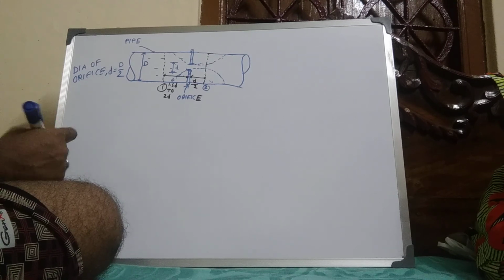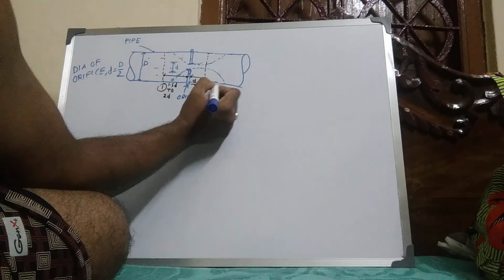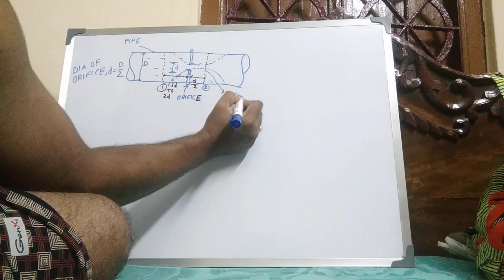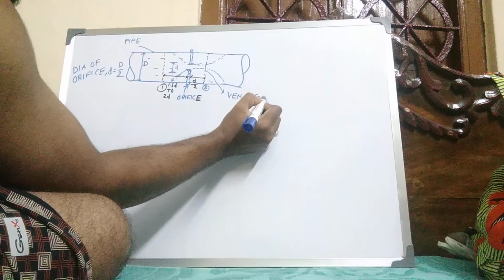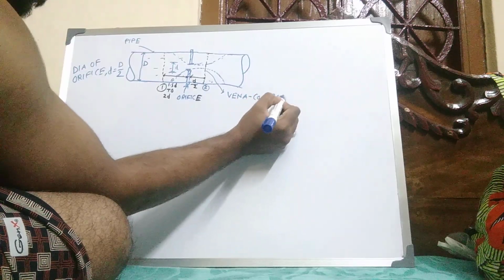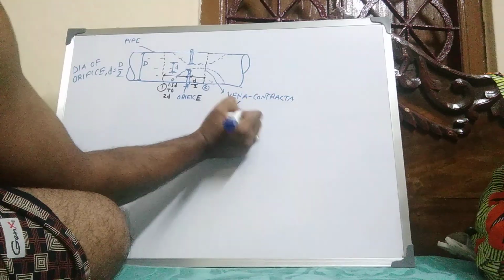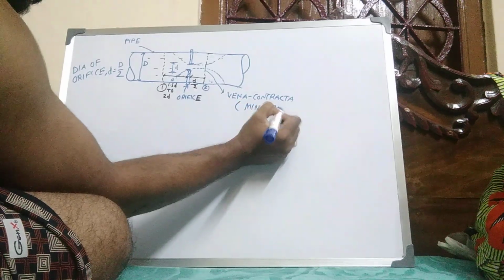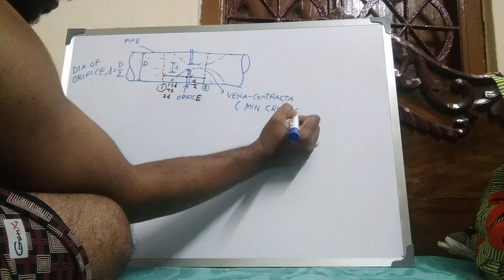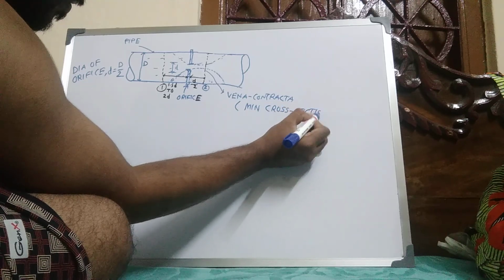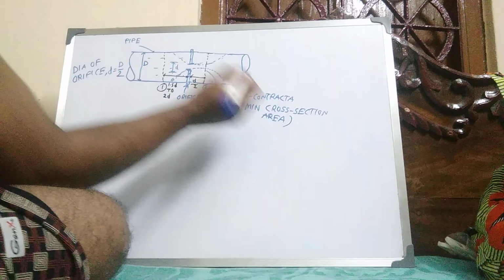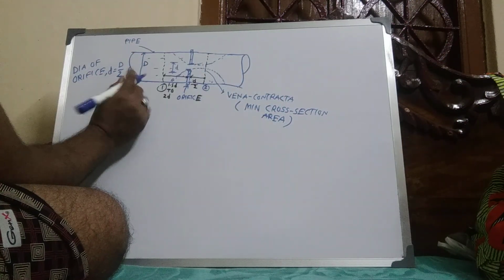Now this is called the vena contracta. Vena contracta means the minimum cross-sectional area.